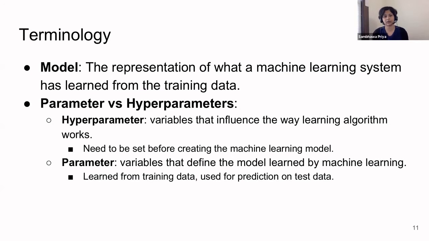Parameters, on the other hand, are the variables that define the model that is learned by machine learning. Those values are set as a result of the machine learning process. They are learned from training data, and then used for performing prediction on test data. We'll see some examples of those as we go further in theory and then in the implementation.